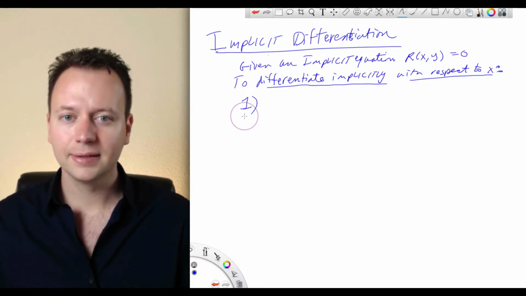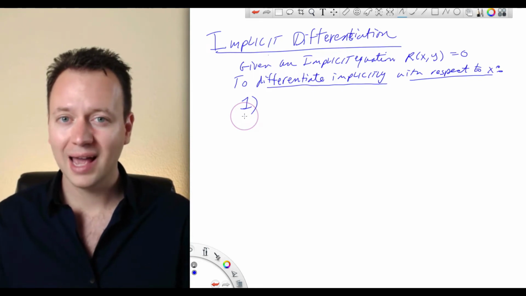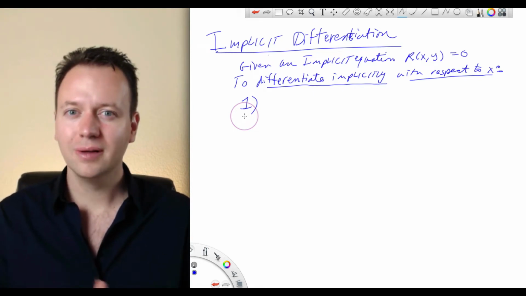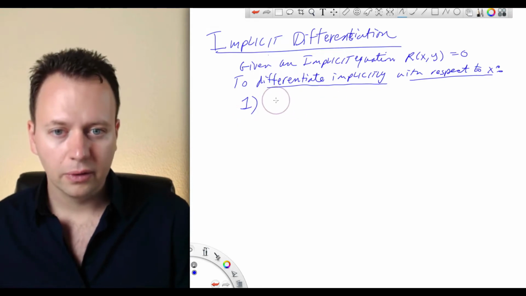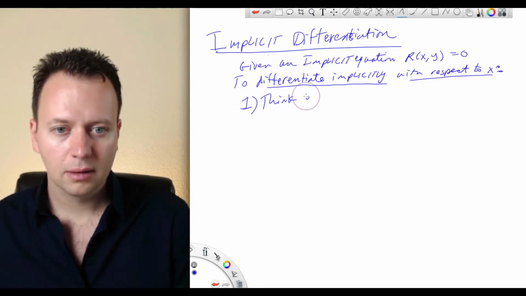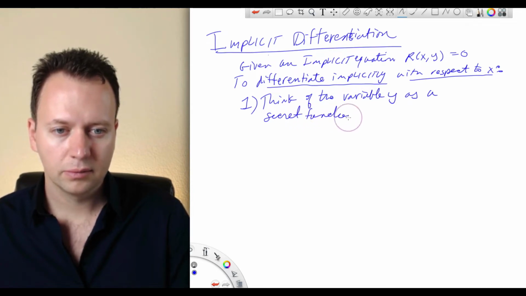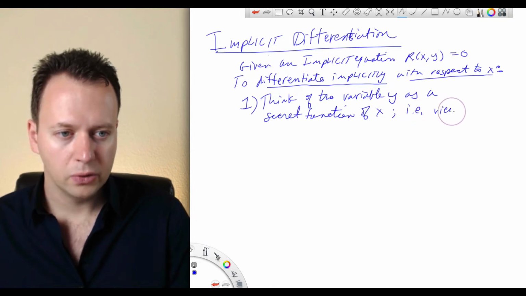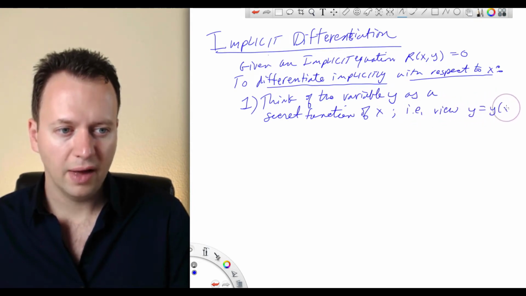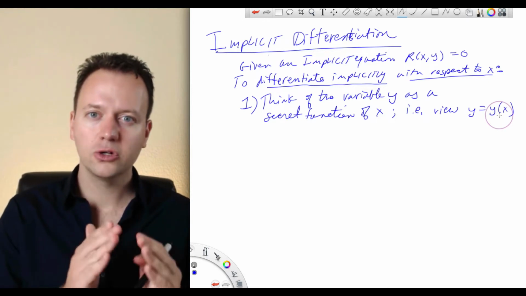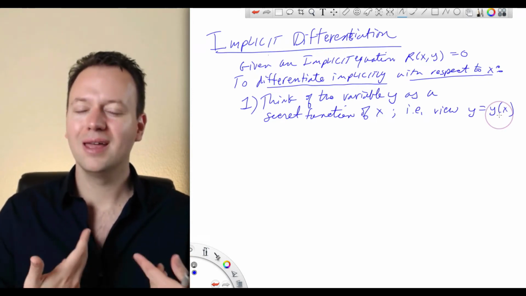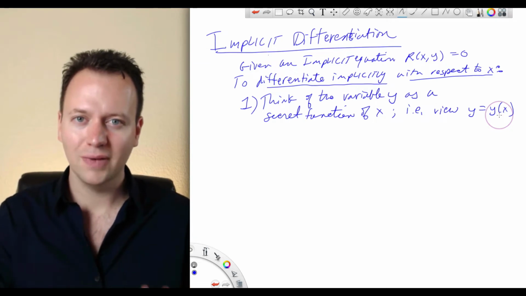In our minds, we need to think of the variable y as a secret function of the variable x, i.e., view y as y of x. So when you see a y show up in the equation, you think of it as y of x, a function of x.